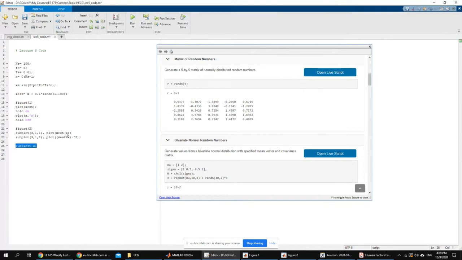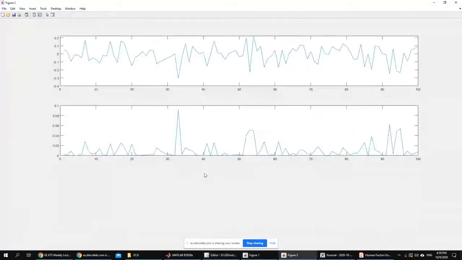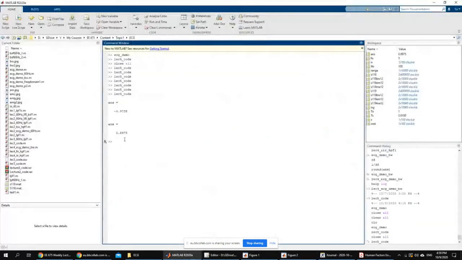And I'm going to add this one here, squared. Let's see the difference between the two sums. The first one came out negative, which doesn't make sense actually. What's the meaning of a negative error?